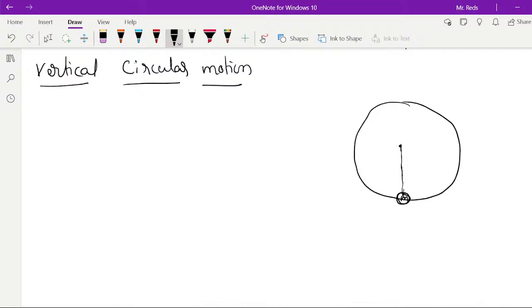If you just pull it aside and release it, it may undergo oscillatory motion. But we are not trying to make it oscillate. You are making it undergo vertical circular motion. You throw it with a particular velocity so that it undergoes vertical circular motion.